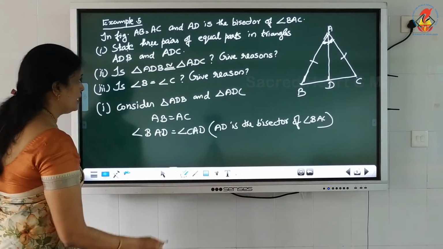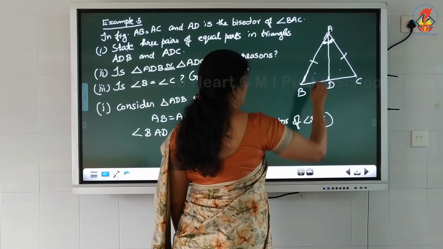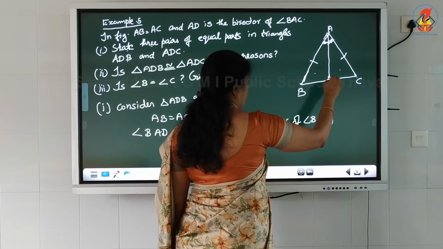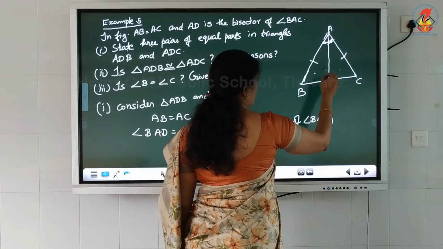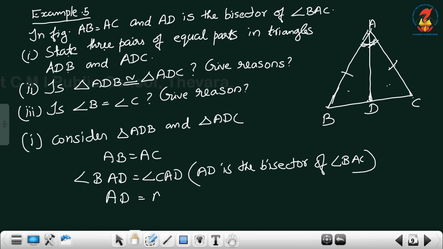Next, in these two triangles, AD is the common side. AD is the common side of both the triangles. Therefore, next you can write AD equal to AD. It's a common side.